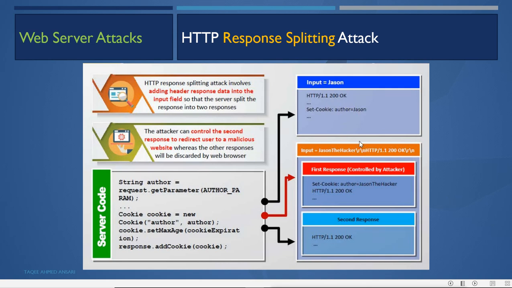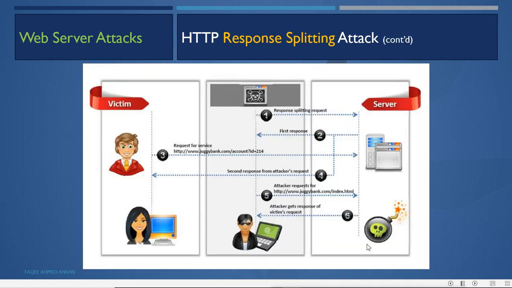Now the attacker will do this by sitting in the middle and using a proxy. Whatever request is going to the server goes first to the attacker machine, then the attacker uses these codes to split the response into two and sends that to the web server. So basically the attacker is sitting in the middle, sending the response splitting request to the server.